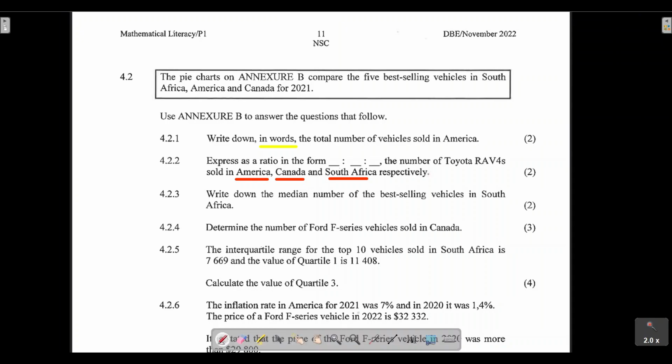Question 4.2.3. Write down the median number of the best-selling vehicles in South Africa.